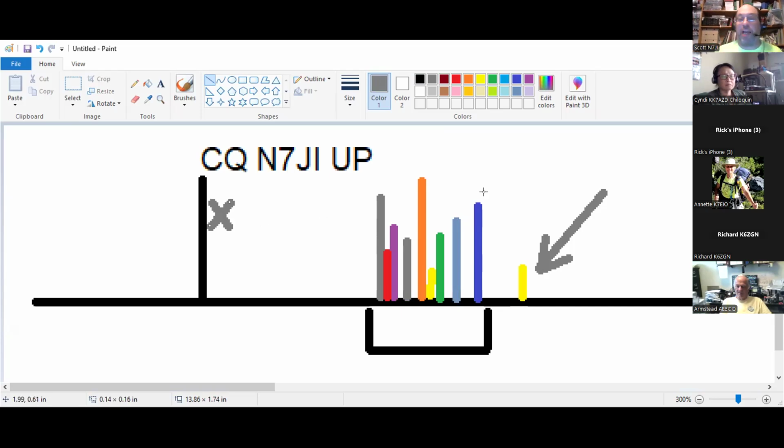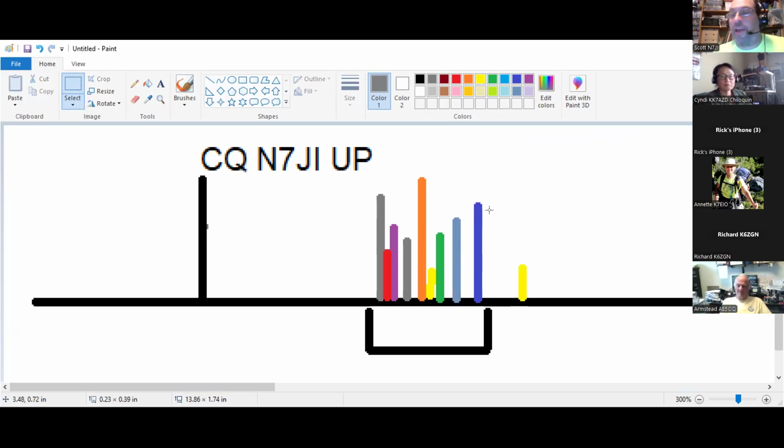I've been the DX station, and this is the one that I hear, because, again, he's all by himself. That little yellow one. There are lots of interesting ways to bust a pile-up, and having been on the other end of a pile-up, that is one of the ways to bust a pile-up if you're not a particularly big station.